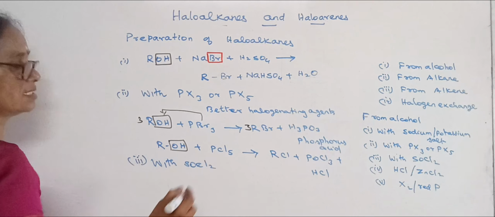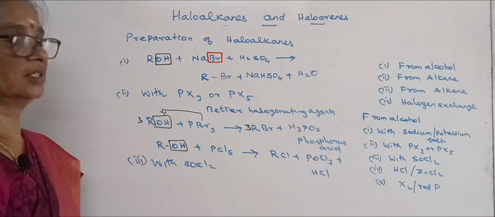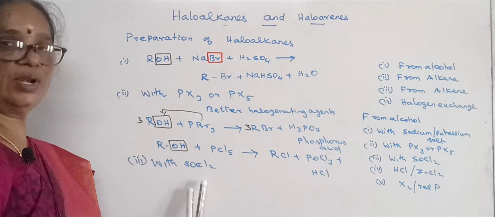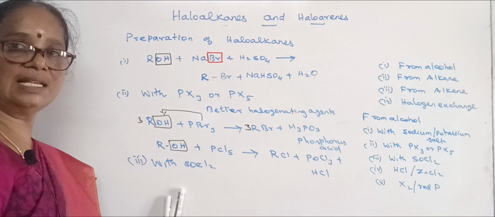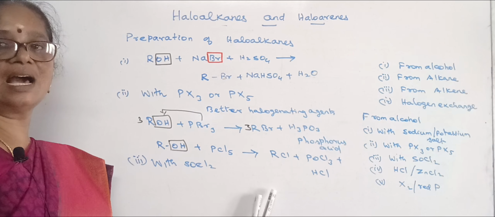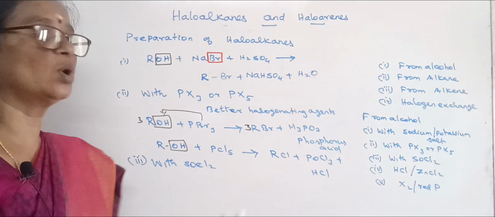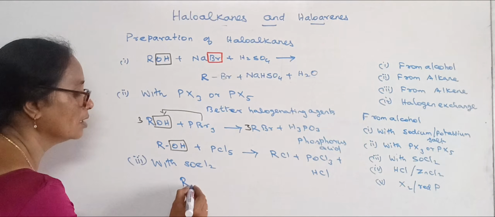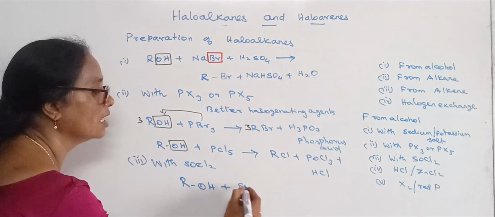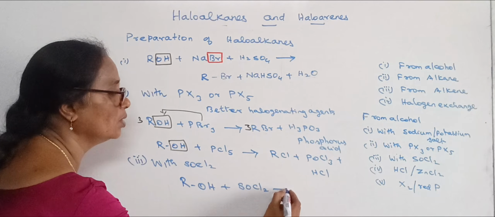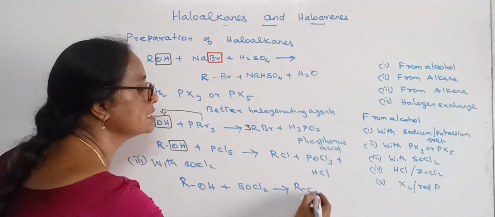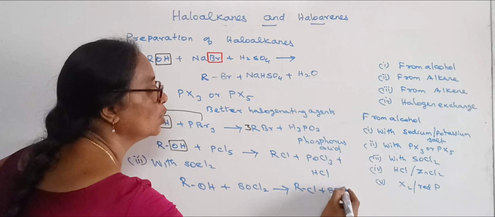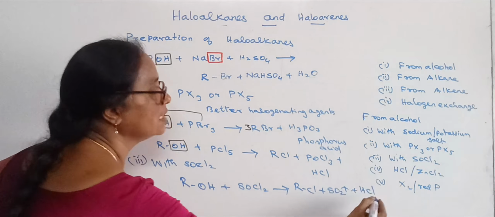Thionyl chloride is SOCl2. This is a very good chlorinating agent, and in this case the alkyl halide produced will be in a pure form. See, ROH plus SOCl2 gives RCl plus SO2 plus HCl.